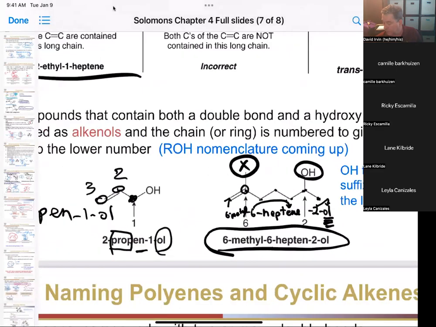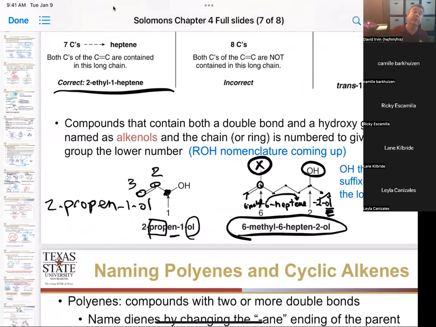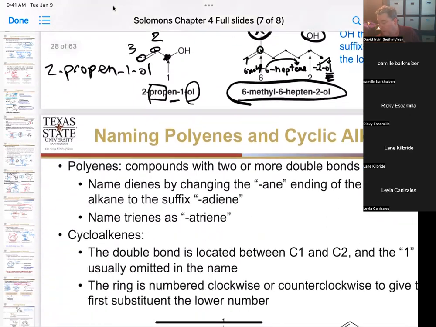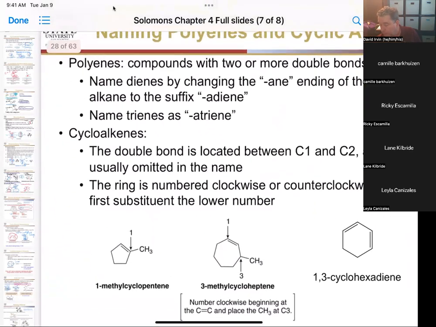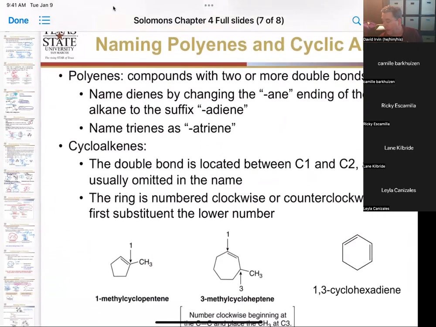So now, what if you have more than one alkene? That means we can do diene, triene, and tetraene. If we have more than one alkene, we can name that. So in the case of having, let's say, this compound right here, we have 3 alkenes, and the longest chain is 1, 2, 3, 4, 5, 6 carbons.